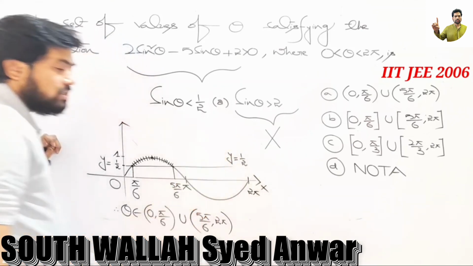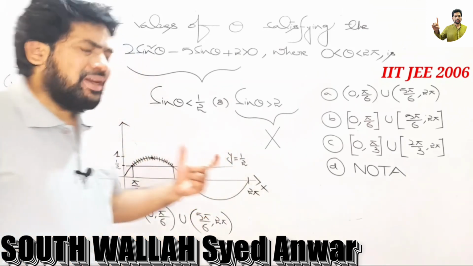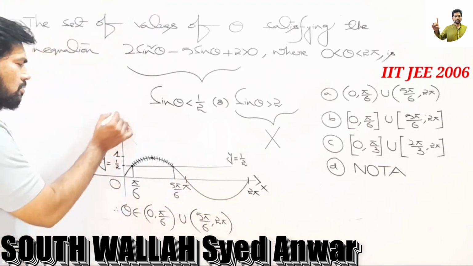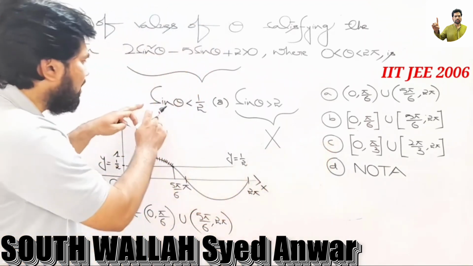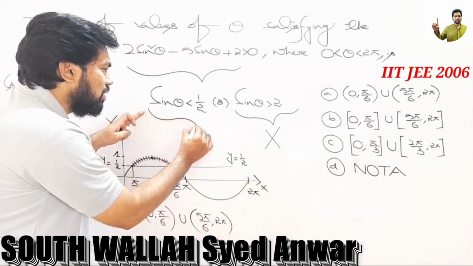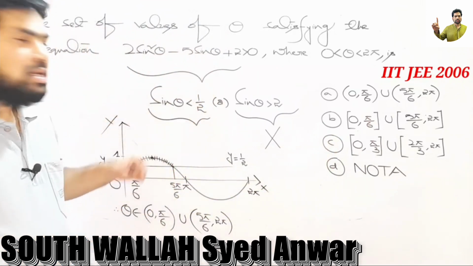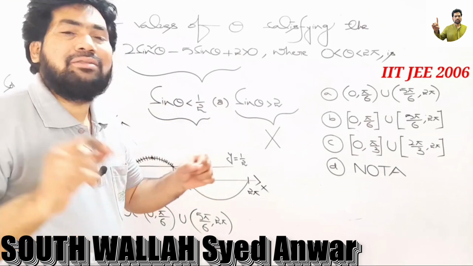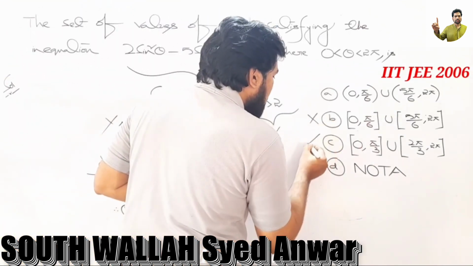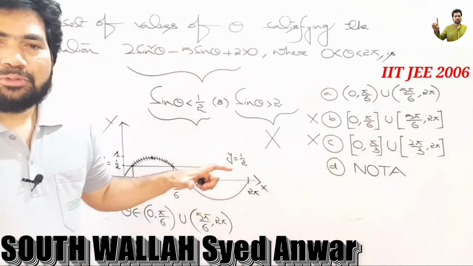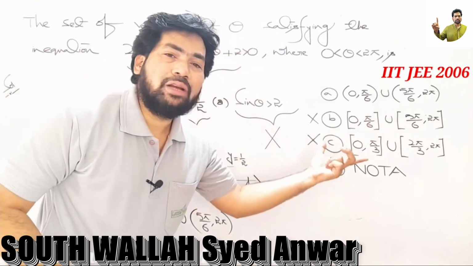Now look at the options here. Very simple. Here we have got sine theta less than 1 by 2. So less than means we have to begin with an open interval. So in option B and option C, we have closed intervals.